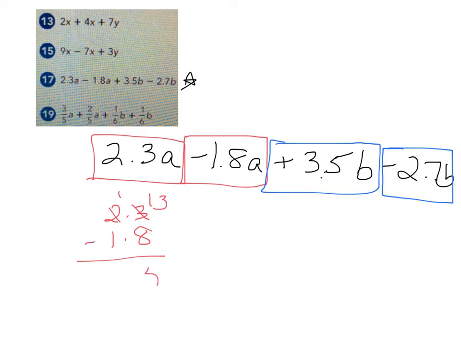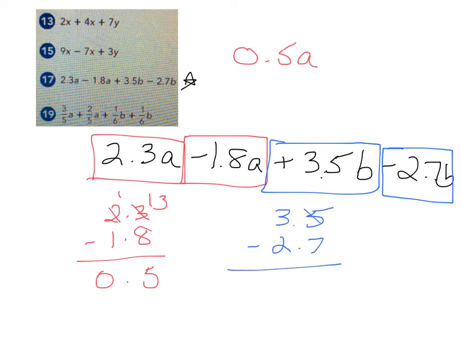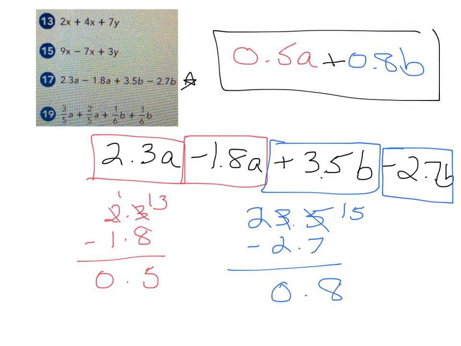So 13 minus 8 is 5. So that looks like it's going to be 0.5a. And then we'll do 3.5 minus 2.7. So that's a 15, 1, it's an 8, a decimal. I'm sorry, make that a 2. So 0.8, or positive. So we'll go positive 0.8b. Then this would be your answer.